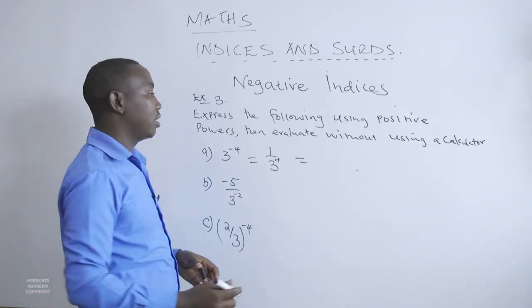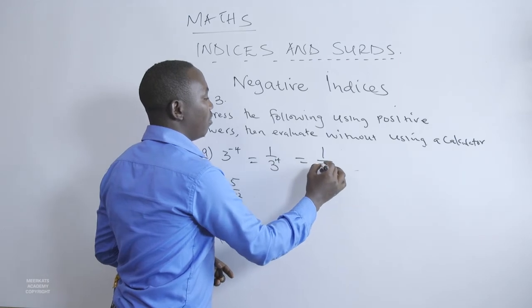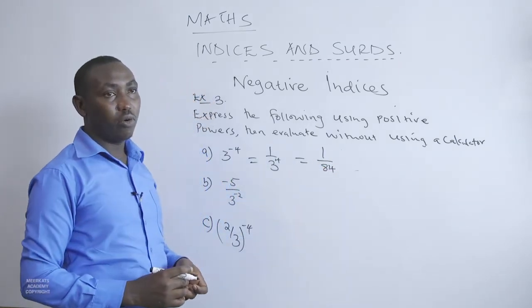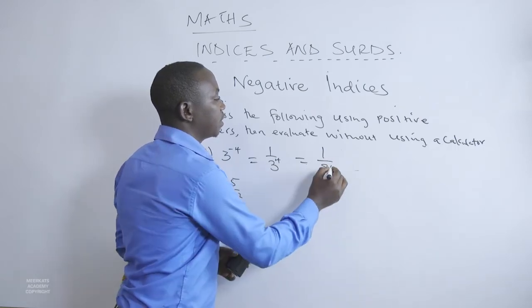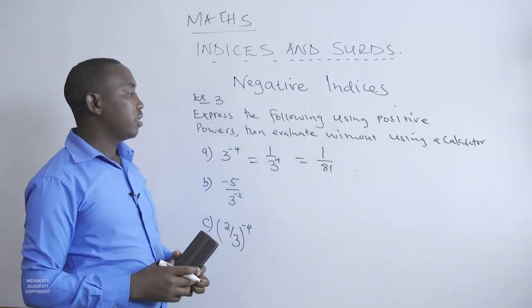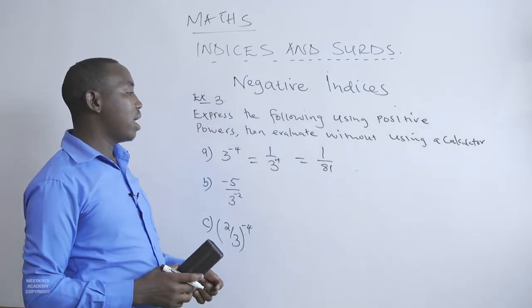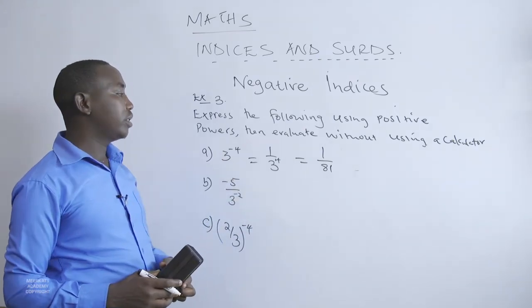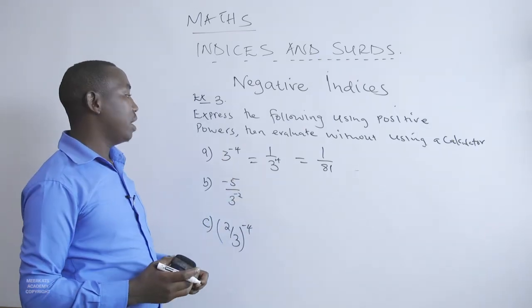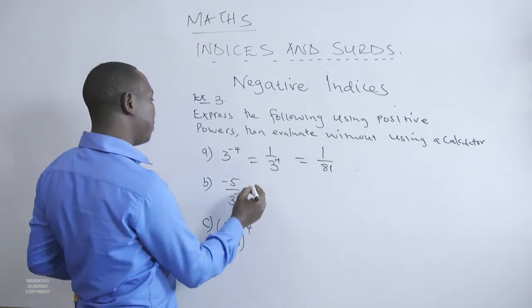Now that is evaluation. So this will be 1 all over 81. So 1 over 81 is the result of 3 raised to the power of negative 4.